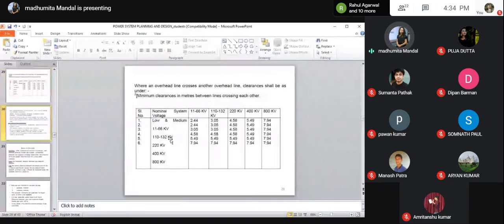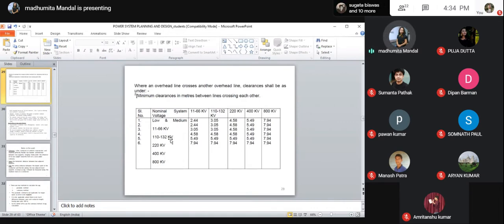Okay, so similarly, as there is a rule for ground clearance, similarly there is a rule for the horizontal clearance between the conductor and the structure also. So this rule, rule 80 subsection 2, stipulates that horizontal clearance between the nearest conductor and any part of the structure shall be based on maximum deflection due to the wind pressure.